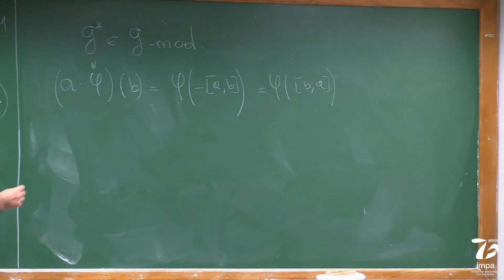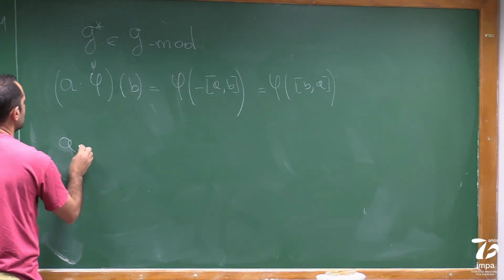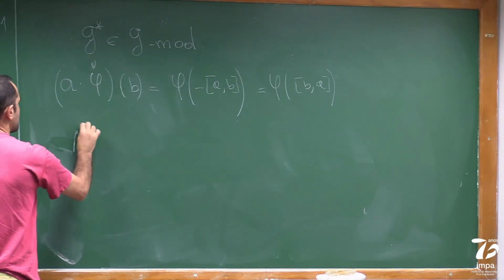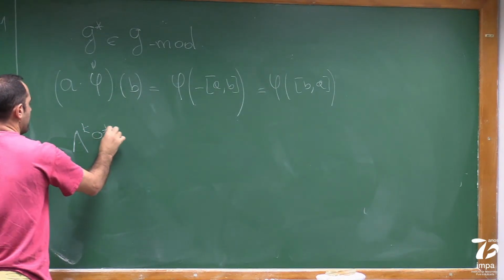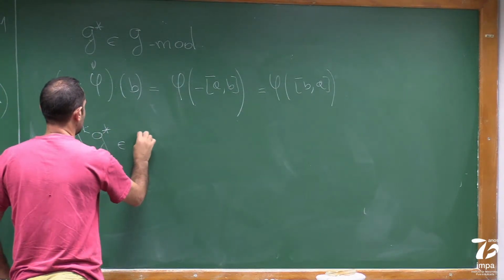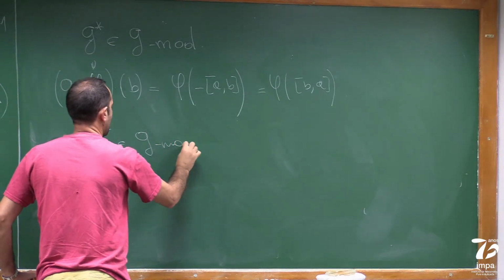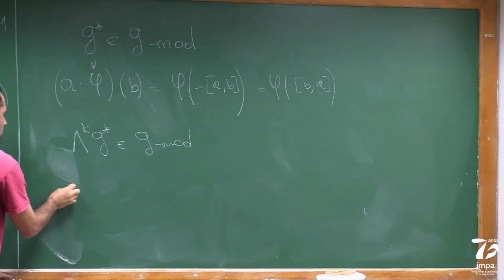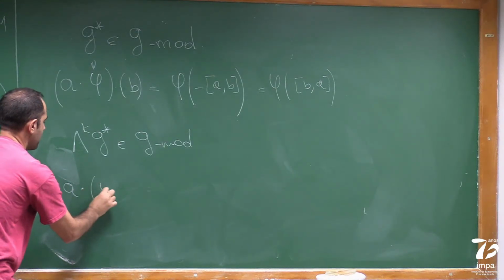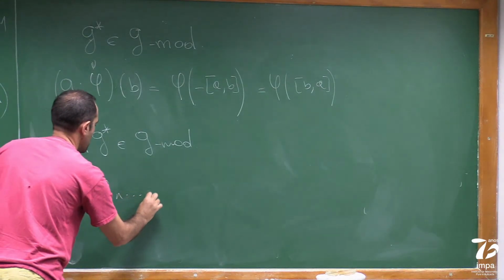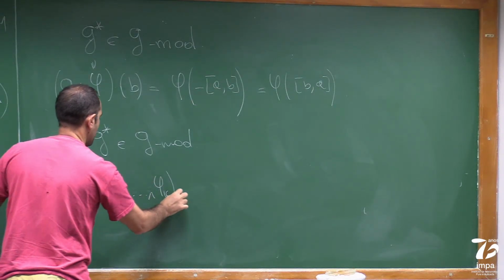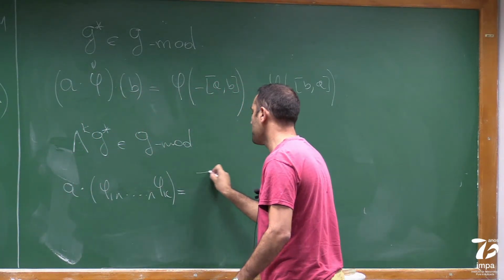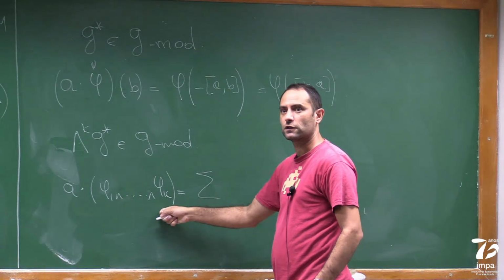Actually, moreover, A acts on wedge K of G star, which is a G module. Well, I've given you the action on phi, so let's act on phi 1 wedge ... wedge phi k. And this is just going to be the sum of the action in each one of the factors.